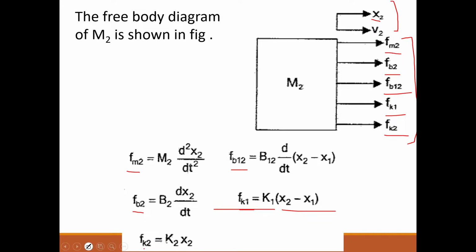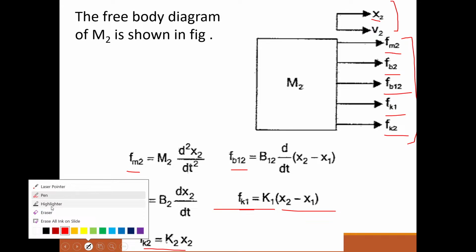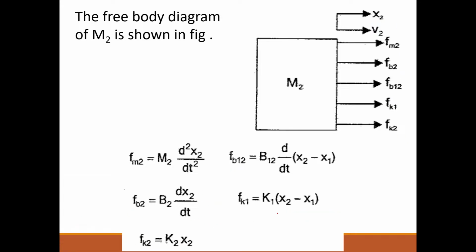Fk2 is equal to k2 into x2. Just draw the free body diagram and copy these equations. Even if you don't copy them, it doesn't matter. At least draw the free body diagram; directly you can write these equations in your force balance equation.